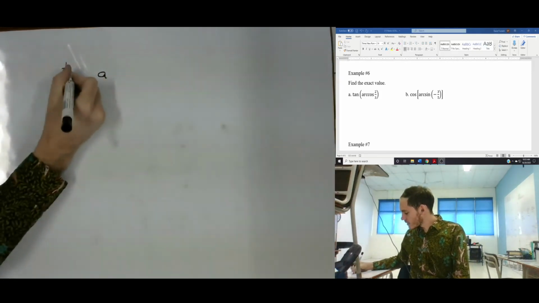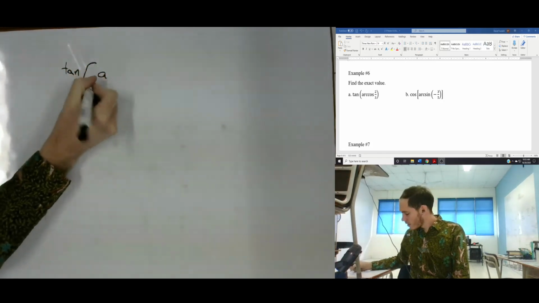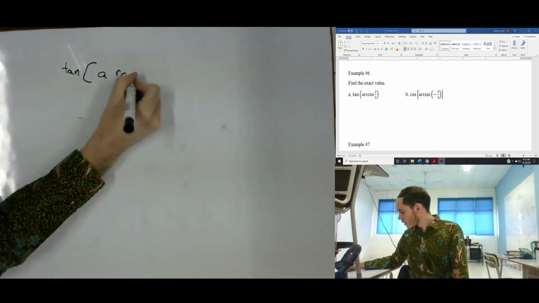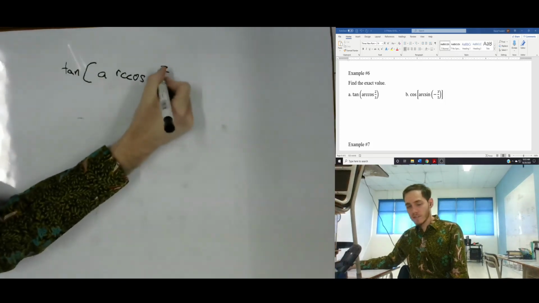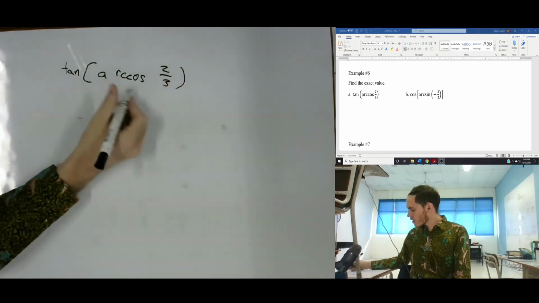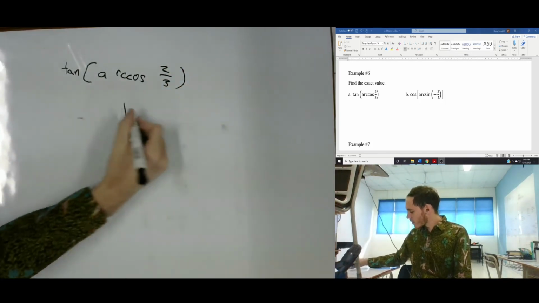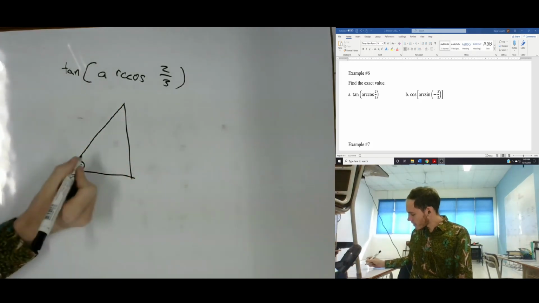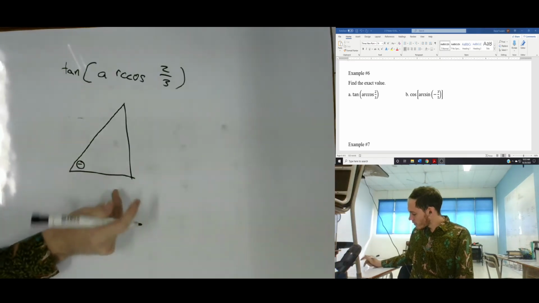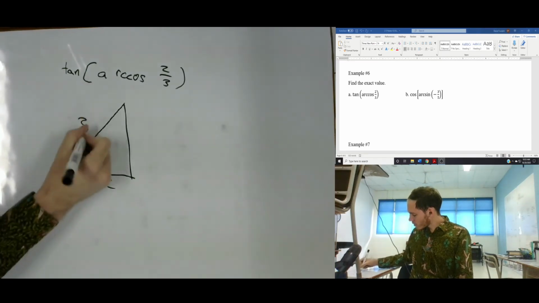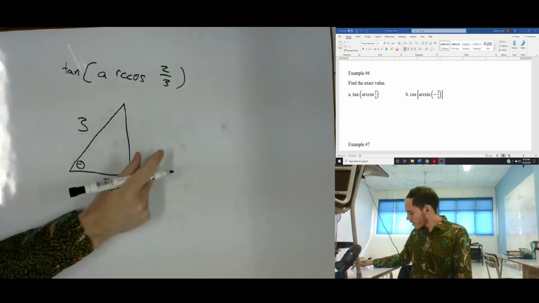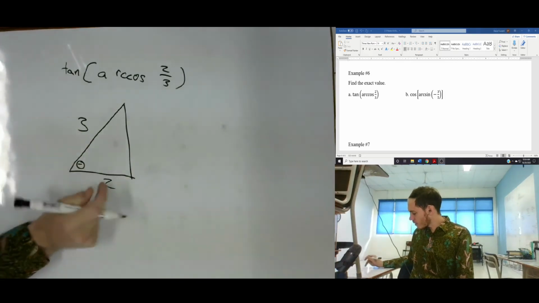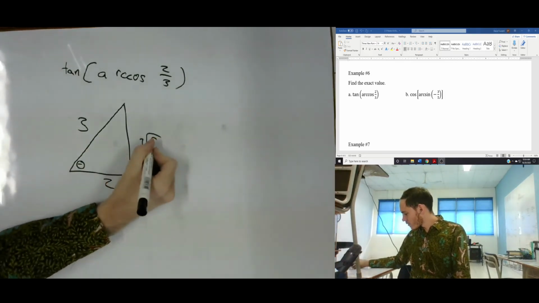So this is tangent of arc cosine of 2 over 3. Now arc cosine gives you the angle theta, and the ratio inside is adjacent over hypotenuse. So we need to find the opposite: 9 minus 4 is 5, so the opposite is the square root of 5.